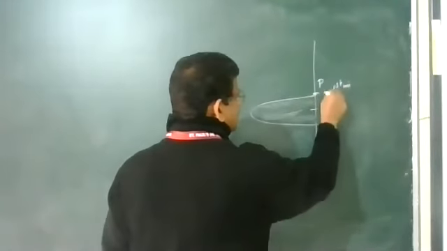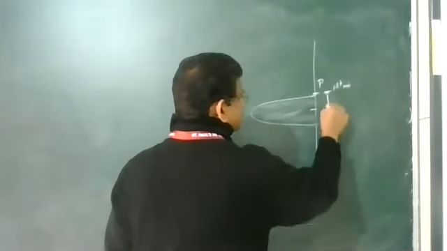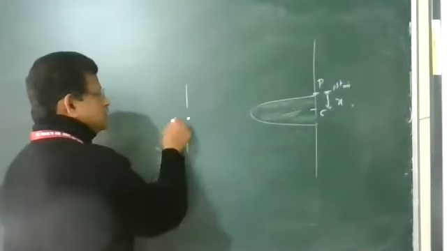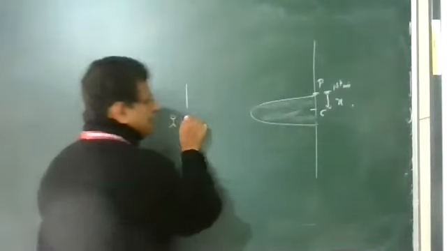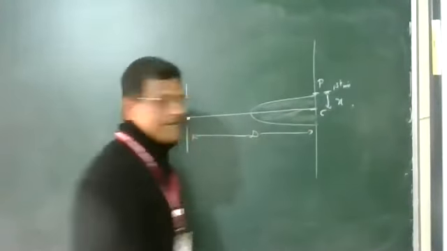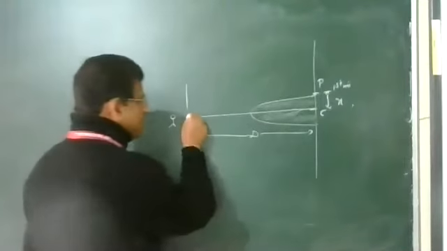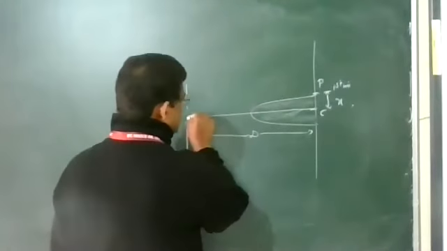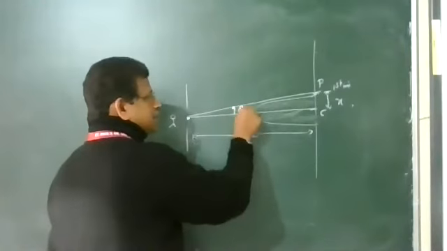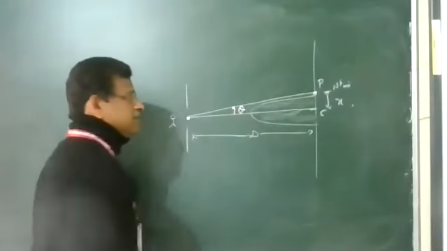This distance I am writing as x. x is the distance of the first minimum. You are here at the center of the slit, and the distance of the screen from you is d. You observe the first minimum from here, so you move your eye from here to here through an angle, and you reach the first minimum.